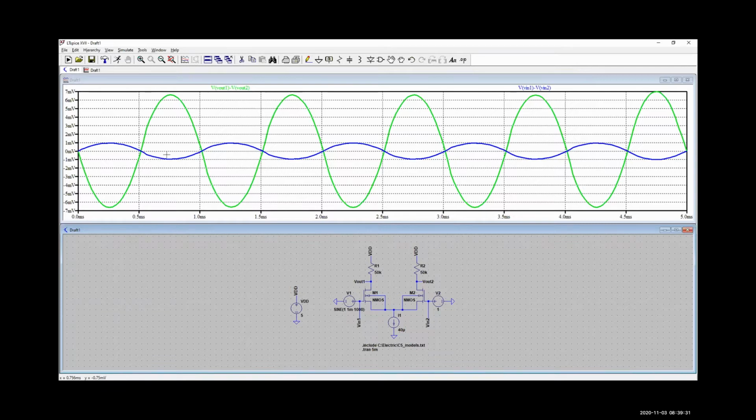Actually, somewhere between -6 and -7, because whenever my differential input signal is negative, my output signal is positive, and vice versa. But we have introduced a small amount of gain.